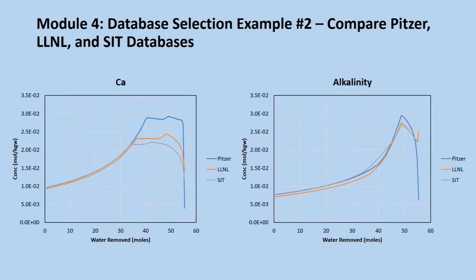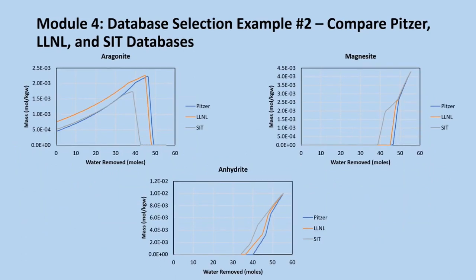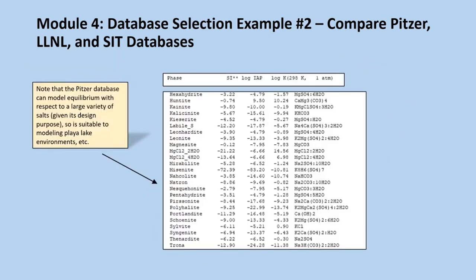So the 3 different databases generated moderately different ion concentrations at high solution concentrations. The Pitzer model should be regarded as probably the most accurate given its optimization for these types of problems. Some differences in the amounts of different common evaporite minerals precipitated among the 3 databases is also evident.